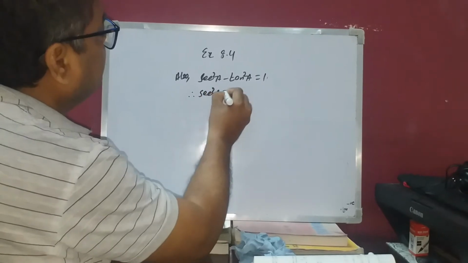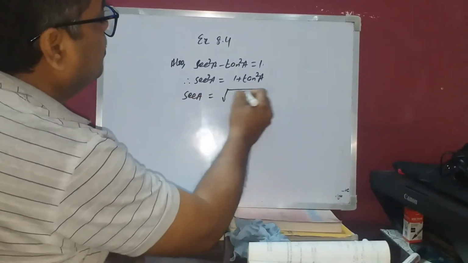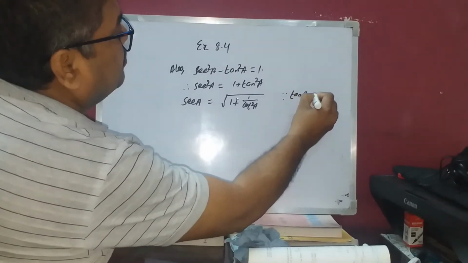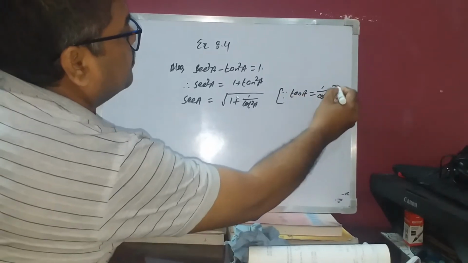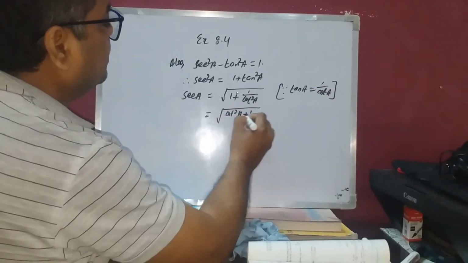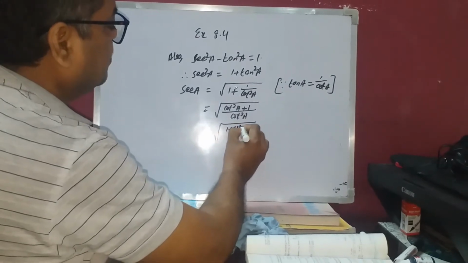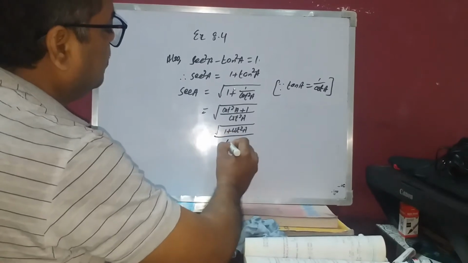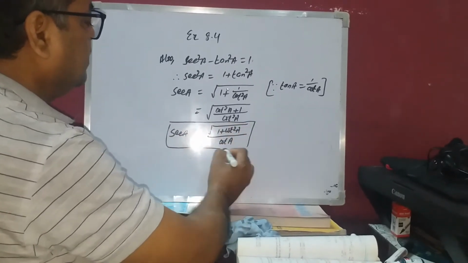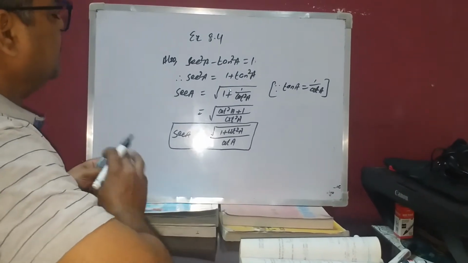Therefore sec square A is equal to 1 plus tan square A, and sec A is equal to under root 1 plus 1 by cot square A, since tan A is equal to 1 by cot A. And we will write it like cot square A plus 1 upon cot square A, and this becomes under root 1 plus cot square A upon cot A. This is sec A, and this is the complete transformation of sec A in the form of cot A. So question number first has been finished.